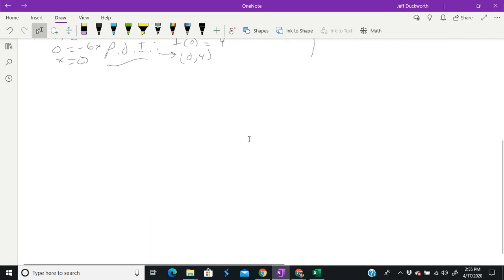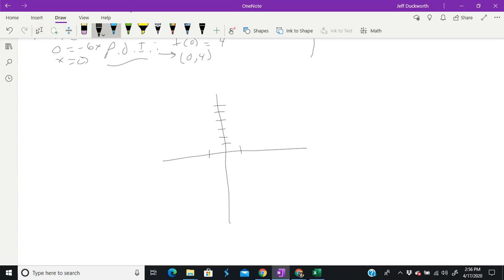Let's see. Going up 6. Make those 1 and negative 1, whatever. So our point of inflection was at 0, 4. Let's graph this.